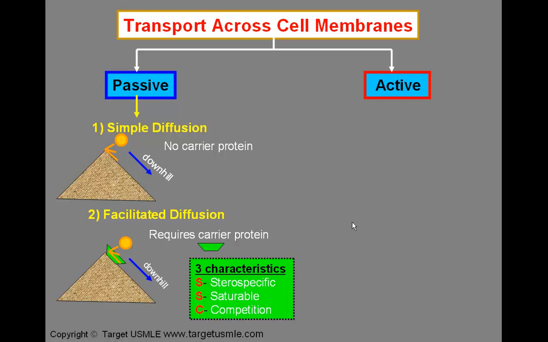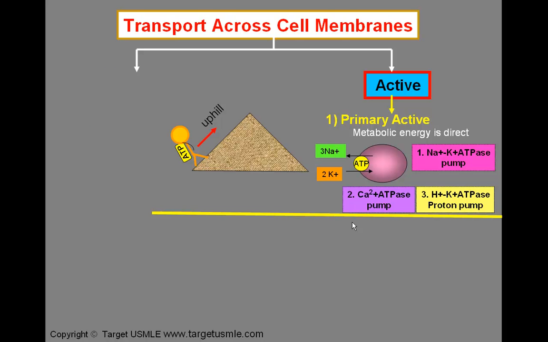Now let's move on to active transport. In primary active transport, the metabolic energy is derived directly in the form of ATP. You see the solute moving uphill, and it has a backpack full of ATP to move against a concentration gradient. An example would be the sodium-potassium ATPase pump.